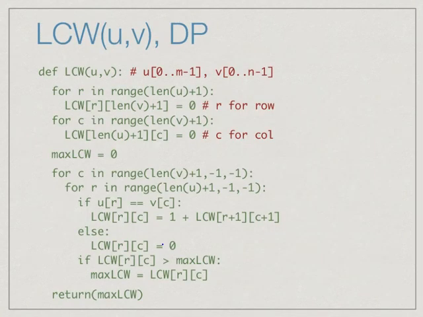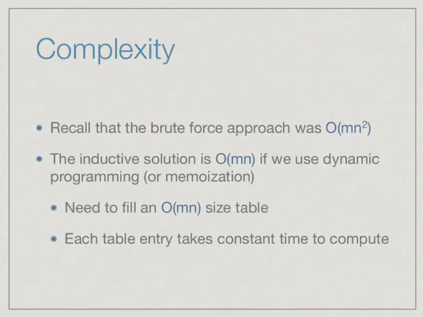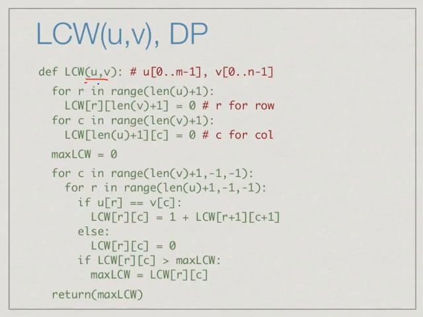So here is a very simple implementation in Python. Okay, so all it says is that you start with the two words, okay, U and V. You initialize this LCW thing at the boundary, at the nth row and the nth column. Okay, and then now you remember the maximum value. So you keep track by initializing the maximum value to 0, and then you fill up in this particular case in column order.